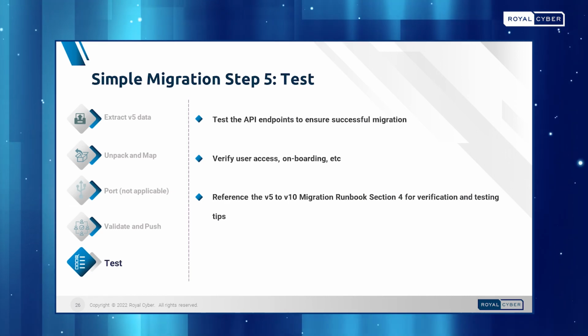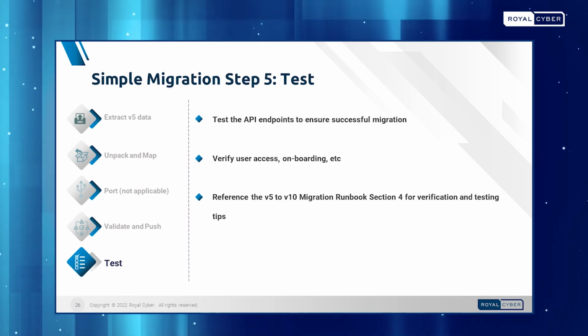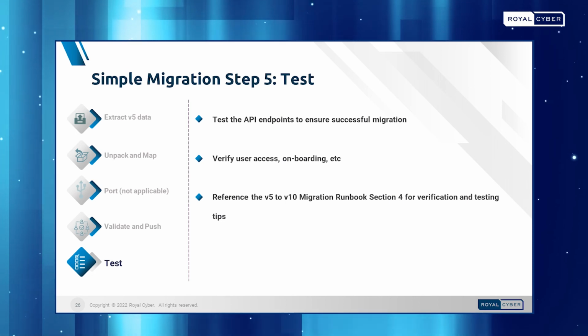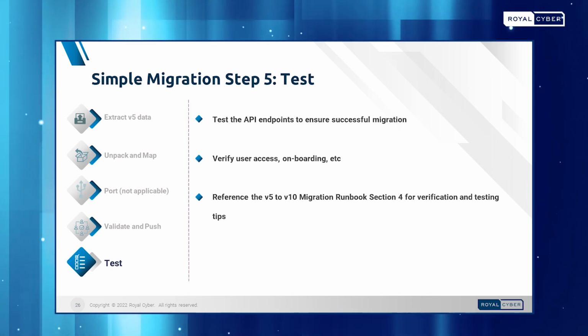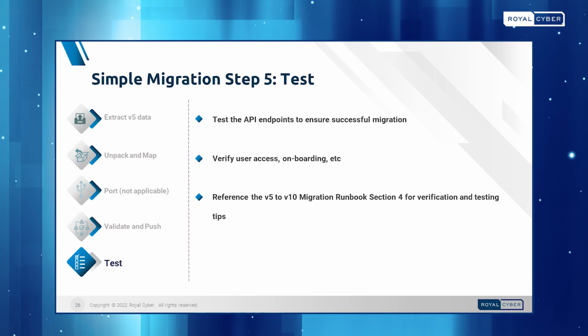And then the last step will be to test your migration. Make sure that everything went fine. You want to log into your API manager, check your organization, check that your APIs have all been migrated, and test that everything is okay.